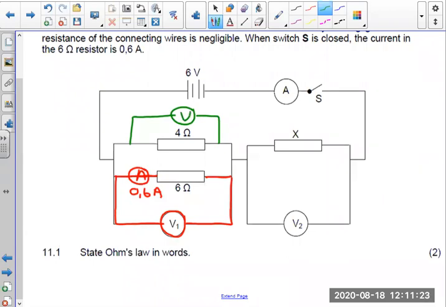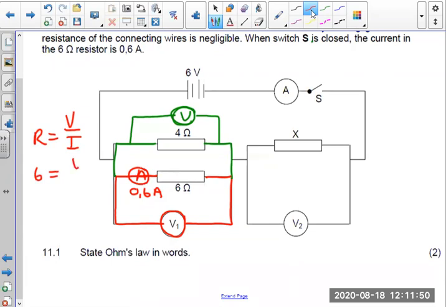Okay. So if I can get V1, I have the voltage over the 4 ohm resistor. And if I have the voltage and the resistance in this part, it means that I can work out the current going through the 4 ohm resistor. So we start with the red part. I'm going to start with R equals V over I. Resistance is the 6 ohm.